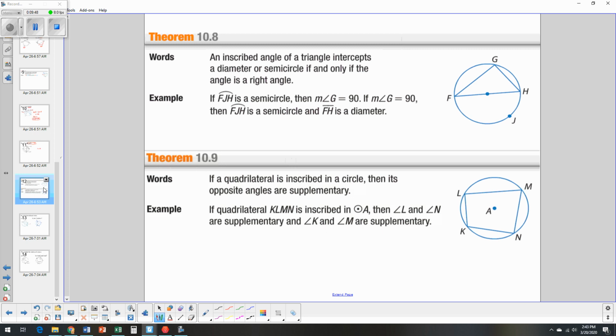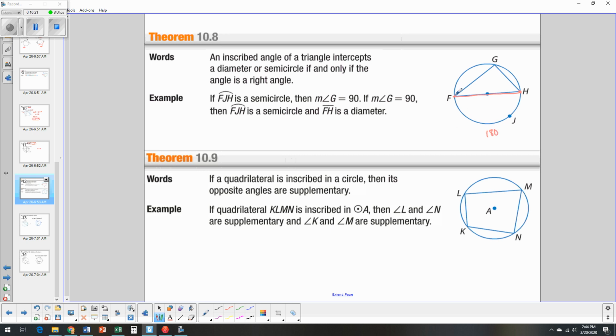The last 2 things are going to be about if a whole figure is inscribed in a circle. So specifically, if we have a triangle that's inscribed in a circle, and one of its sides happens to be the diameter, right? Goes through the center and points on the circle. That makes it a diameter. If that happens, then we can kind of look at it as, okay, well now this is a semicircle, so this is 180 degrees.